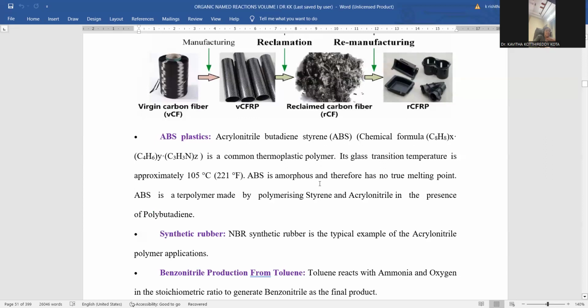This ABS is simply amorphous in nature. It is a powdery form of solid material, so a sharp melting point will not be accorded for this compound. So here ABS is a terpolymer made by polymerization of styrene with acrylonitrile in the presence of polybutadiene. This is the way ABS plastic will be generated.